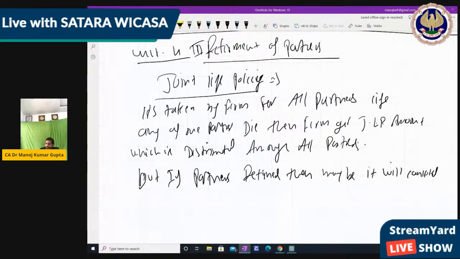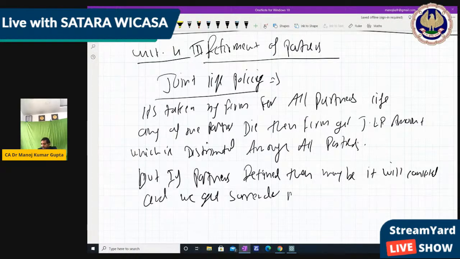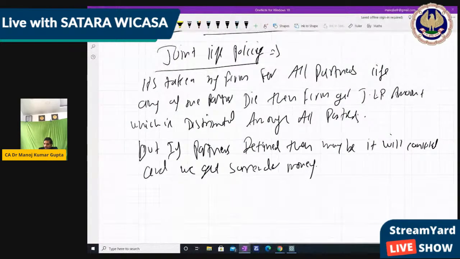And we get surrender money, because whatever premium we had paid as per the insurance terms, some money we receive as surrender value. So if we cancel the policy because of the retiring partner, then we get the surrender money. That surrender money we should distribute among partners, right?